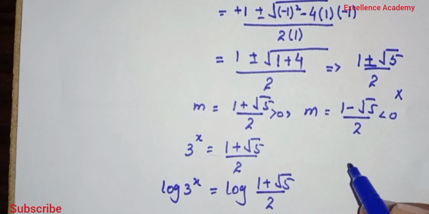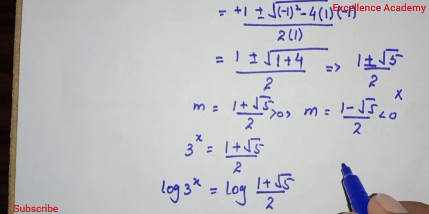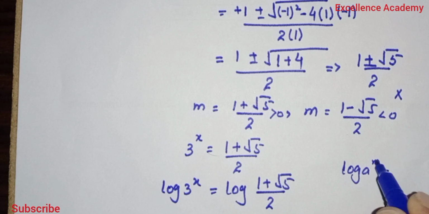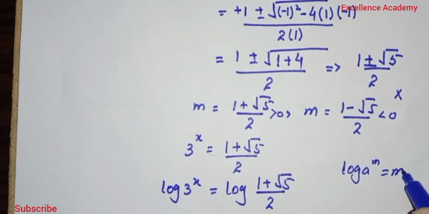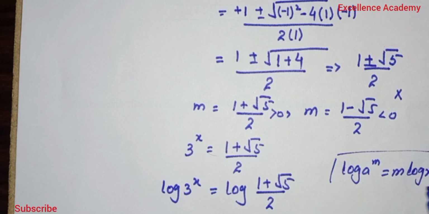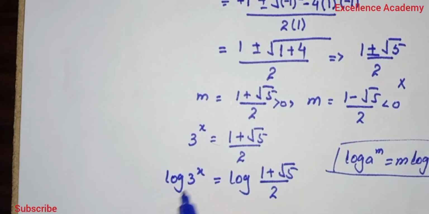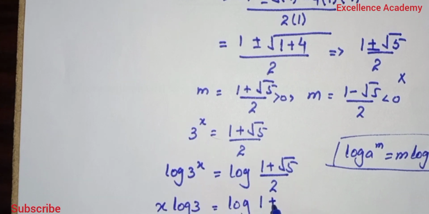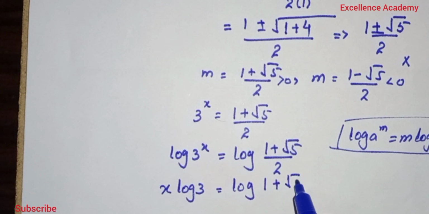If you recall, we have a log property: log of a^m equals m log a, where the power comes to the front. We will use this property here. So on the left hand side we get x log 3 = log((1 + √5) / 2).